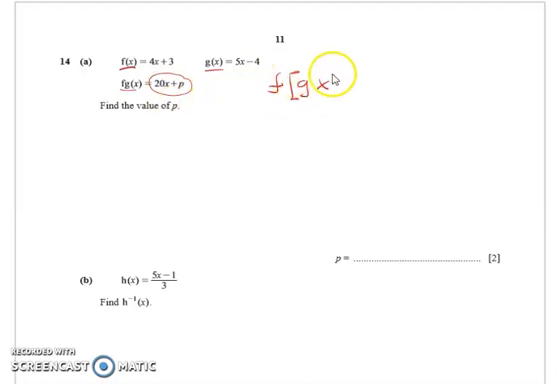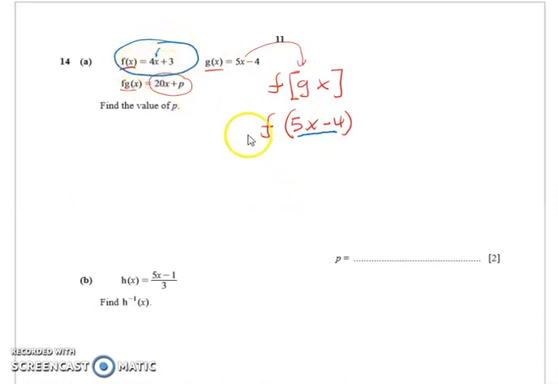So here will be gf(x). Then we substitute this one inside here, so we get 5x minus 4. And then this function, this 5x minus 4, we have to substitute back into the f(x) function.